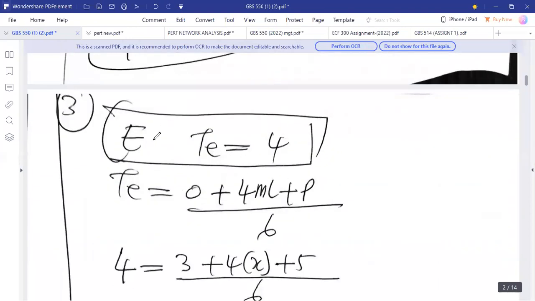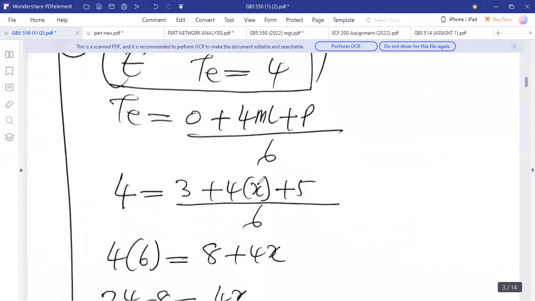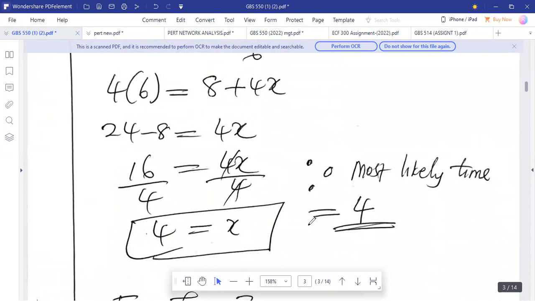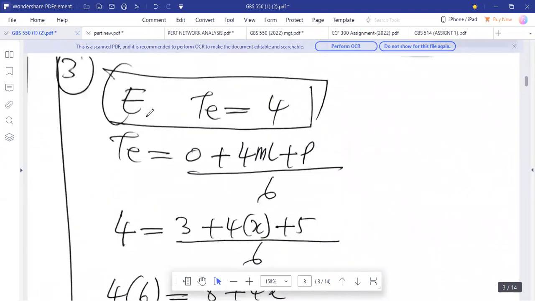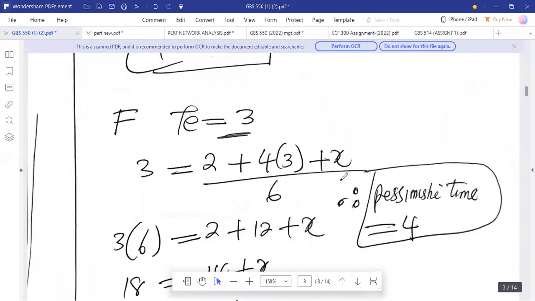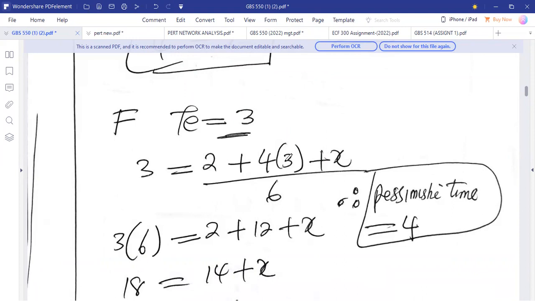The time expected for E was given as 4, and they needed to find the most likely, which was 4. That was for activity E. Just getting down to F, needed a pessimistic time, meaning a time expected was given, and then most likely was given, the optimistic time was given.